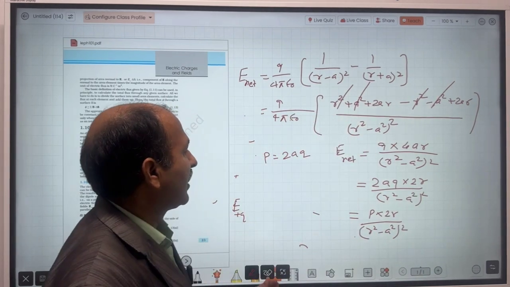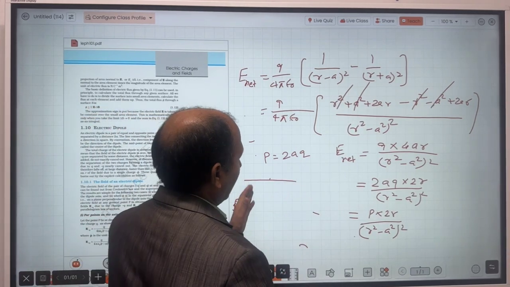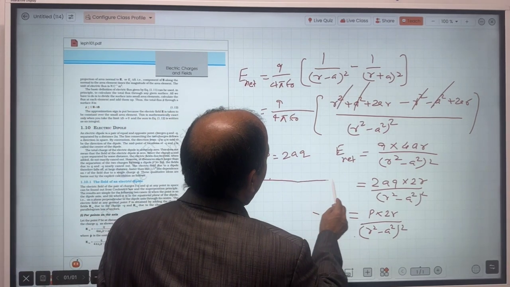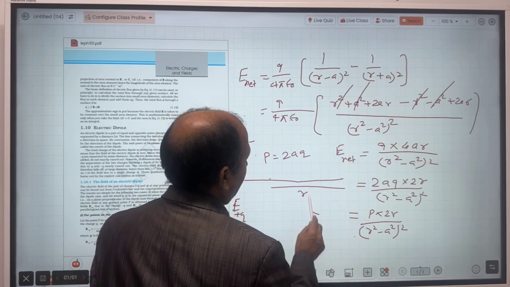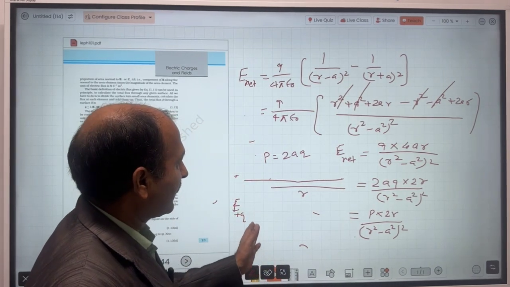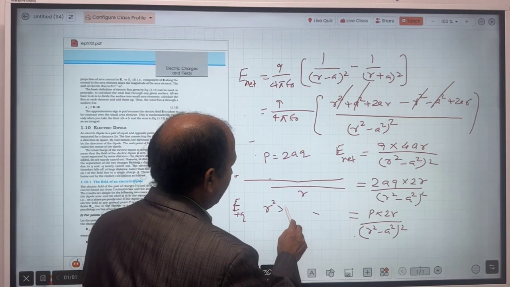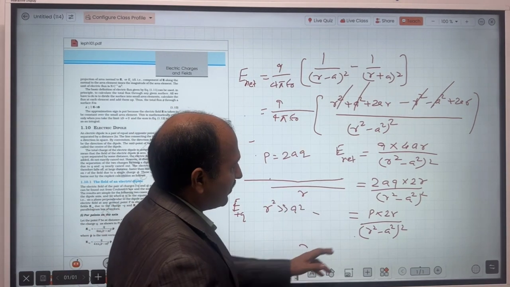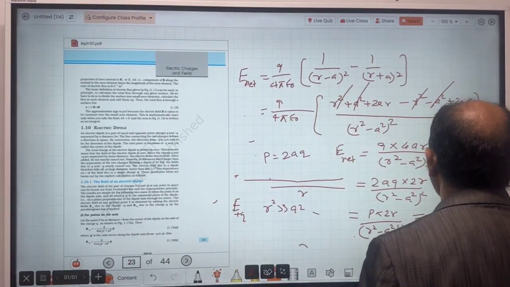Now some more assumptions can be made: the dipole length can be neglected. The dipole length is very small compared to the distance of the point at which we are finding the electric field. In that case, we can say R square is greater than A square. Hence, we can neglect this term. So what do we get?